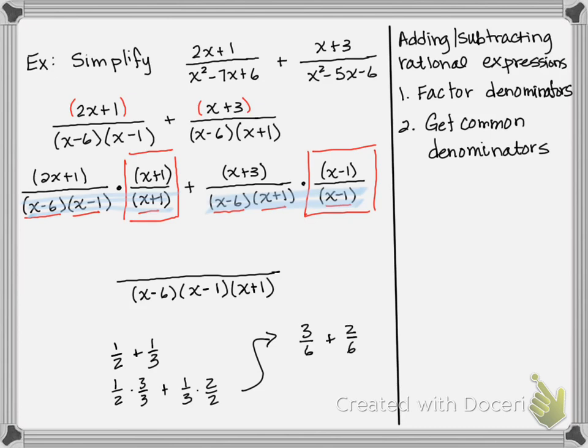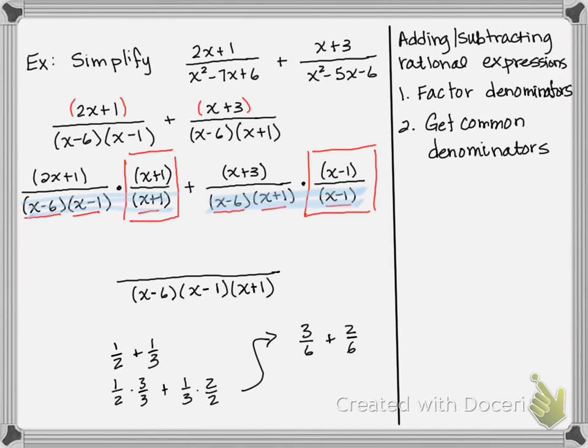Both of those fractions are unsimplified versions of the ones that we had. The only way to get common denominators is to unsimplify fractions by putting in factors that you don't need if it was just that fraction on its own, but you have to have in order to make the denominators the same.